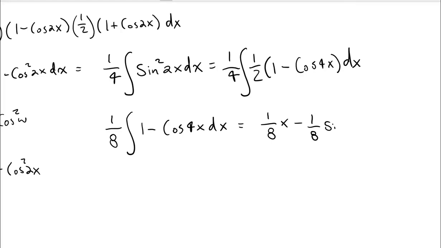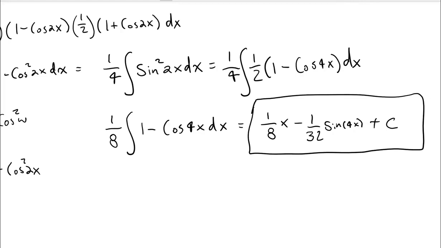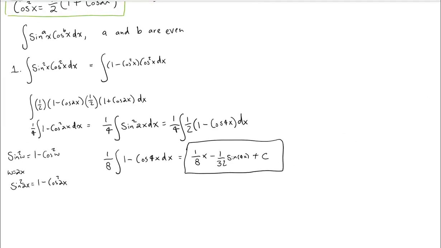So if we wrote a sine of 4x here, and then took the derivative of this, we would get a cosine of 4x, and then we would multiply it by 4, and the 4 would cancel out with the 8, and we'd get a 1/2. So we need a number here that when we multiply it by 4, we'll get 1/8. And we know that 4 over 32 is equal to 1/8. So we can write a 32 there. And then we can write a plus C.